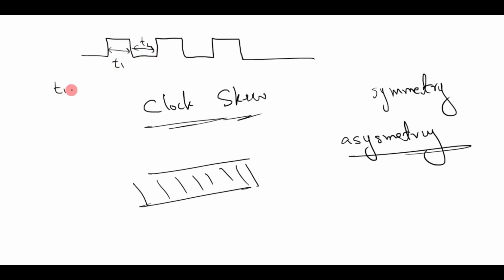For this clock, T1 is equal to T2. Such clock is known as symmetric clock. If these durations are not equal, your clock is known as asymmetric clock.